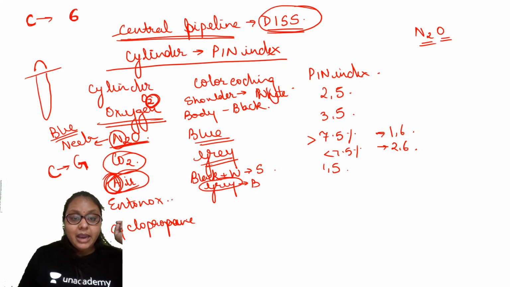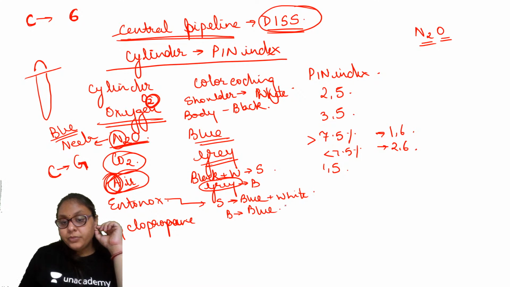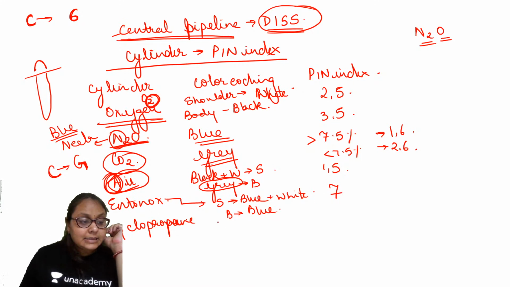Okay, 15. Entonox is a mixture of nitrous oxide and oxygen. So the shoulder is blue plus white, and the body is blue, and its pin index is 7.